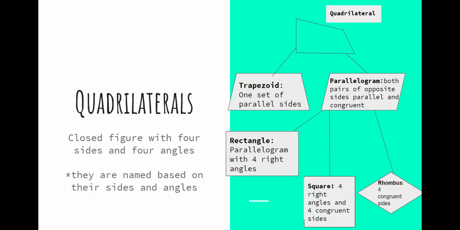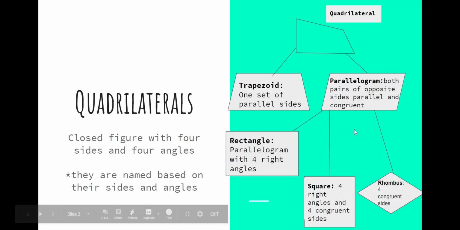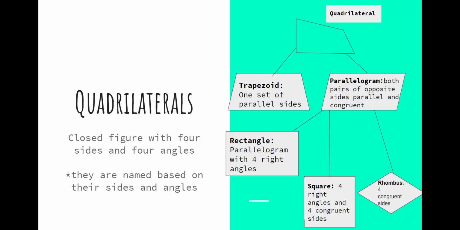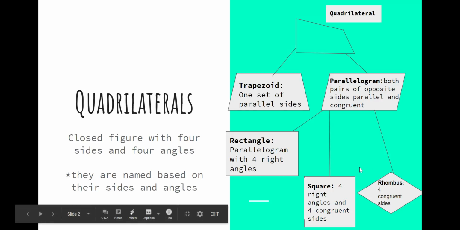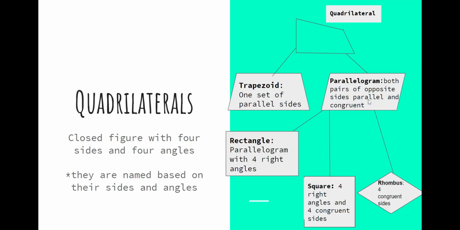They all fall under the category of a quadrilateral, but when you are classifying them, you need to be more specific. So going to the other side, a parallelogram is a shape that has both pairs of opposite sides that are parallel and congruent. What that means is the opposite sides, meaning this side right here and this side right here, are parallel to one another.